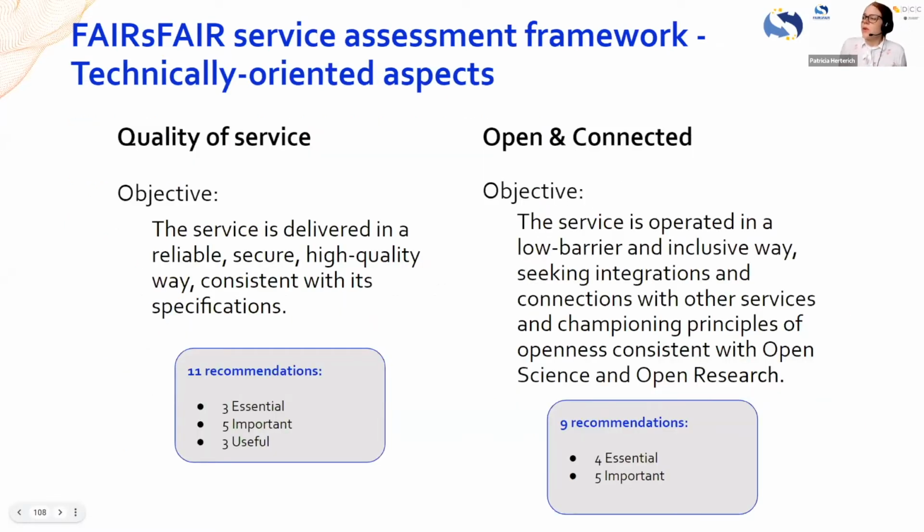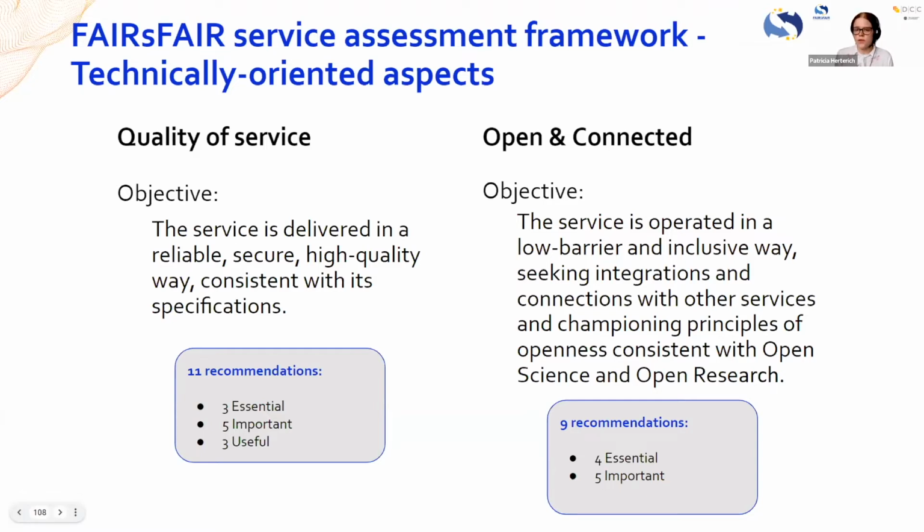The other technically oriented aspects: we have 11 recommendations supporting quality of a service, so that the service is delivered in a reliable, secure, high quality way, consistent with the specifications. And we also have made open and connected an important objective.